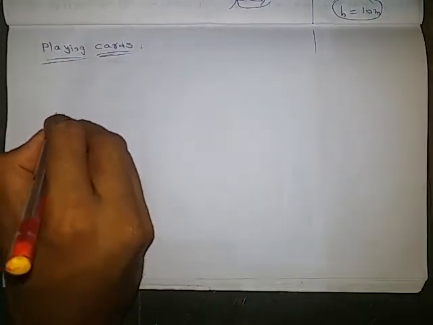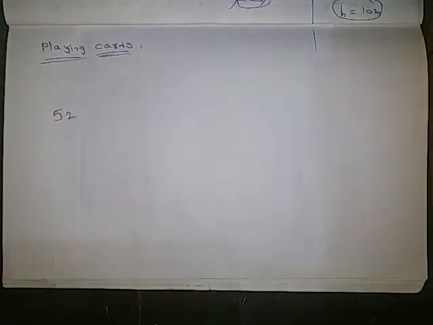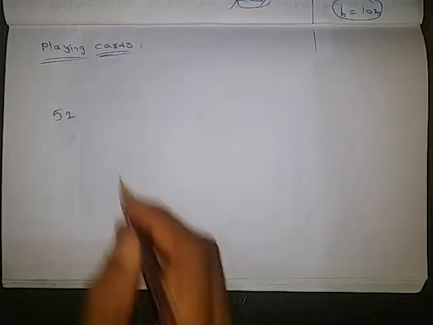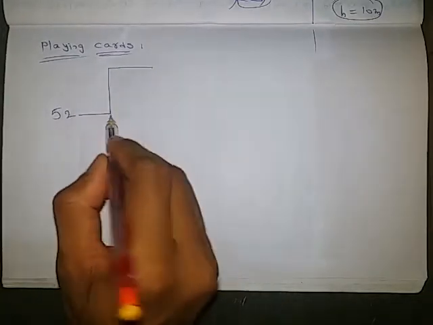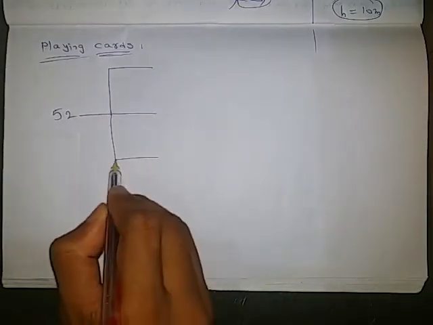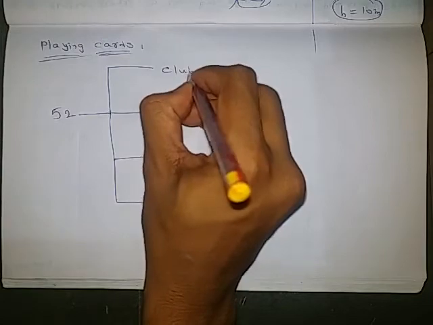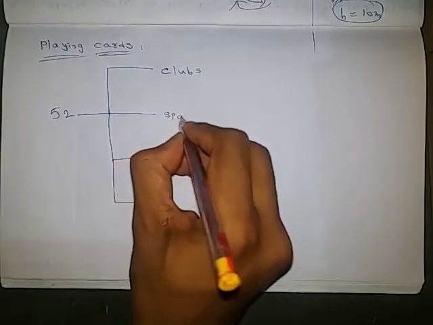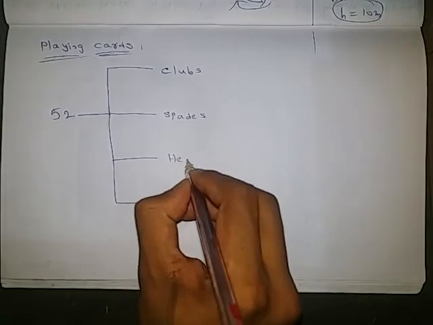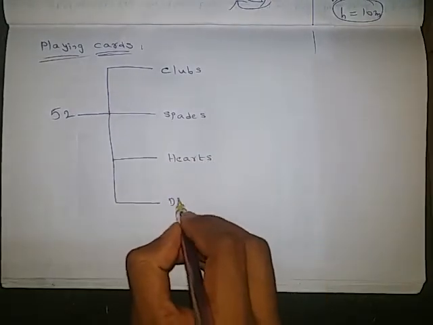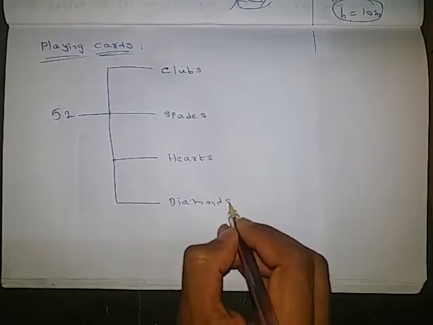So in total we have 52 playing cards in the deck. The total 52 cards together is called a deck. Those 52 cards are divided into 4 sets: one set is clubs, one set is spades, one set is hearts and one set is diamonds.